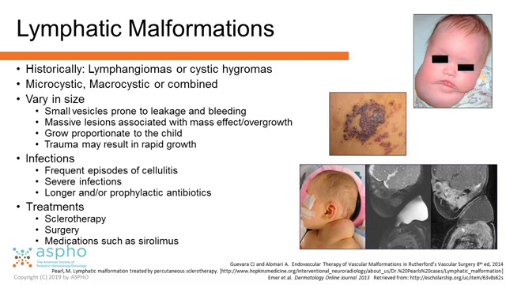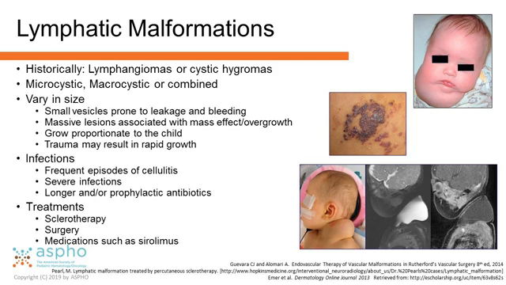Thanks, Jennifer. So we're going to move on a little bit to lymphatic malformations. These have historically been referred to as lymphangiomas or cystic hygromas. They may be microcystic, macrocystic, or combined. They vary in size from small vesicles which leak or bleed to massive lesions associated with mass effect or overgrowth.